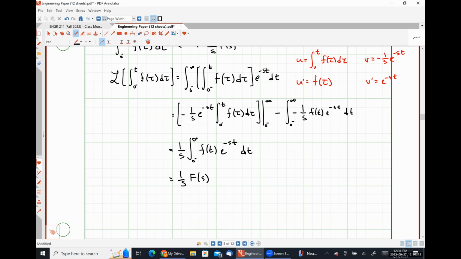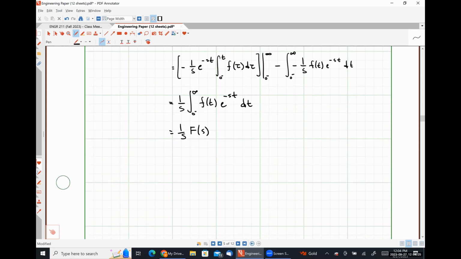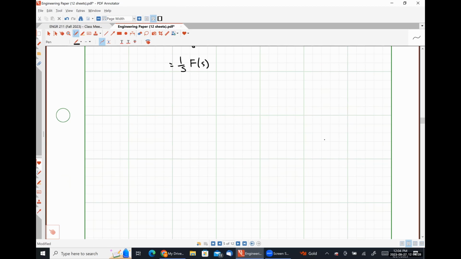All right, so the last property that I want to talk about is the greatest property in the world, and you guys will probably agree in just a moment. It is the time convolution property of the Laplace transform. The time convolution property is as follows.